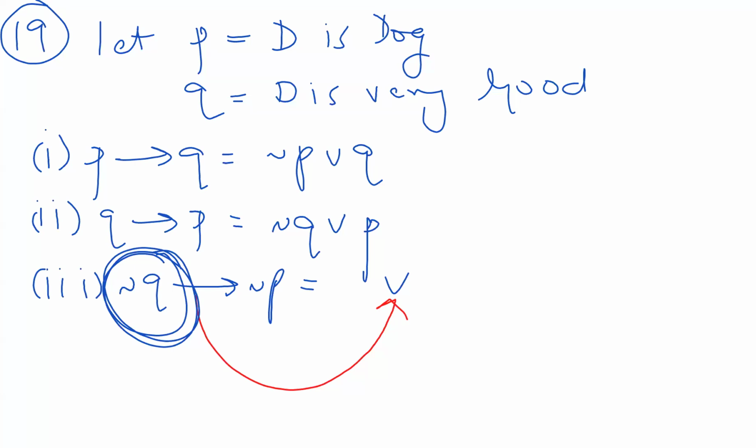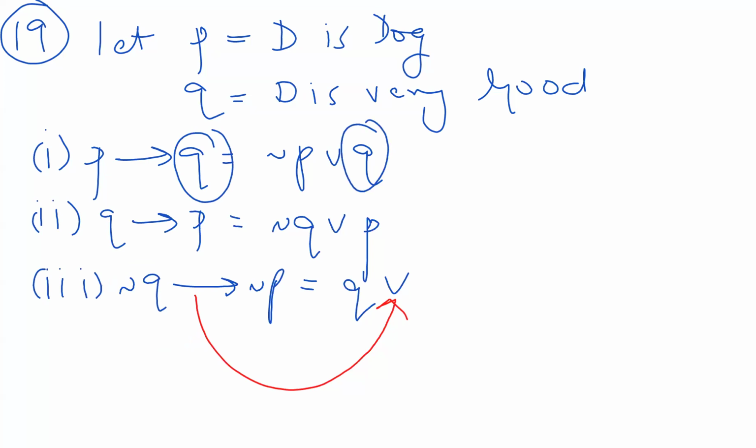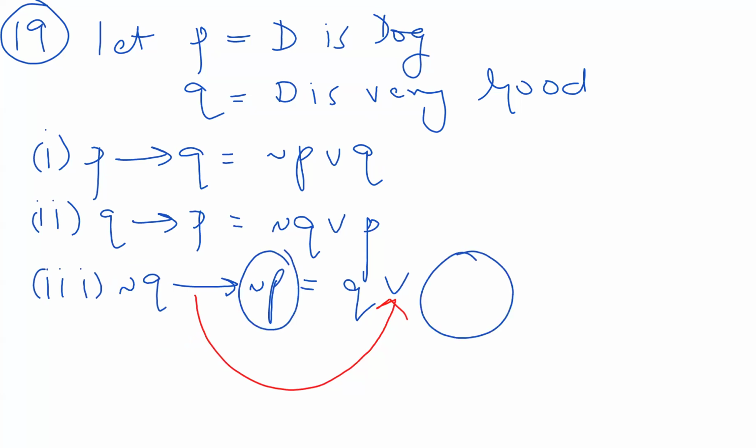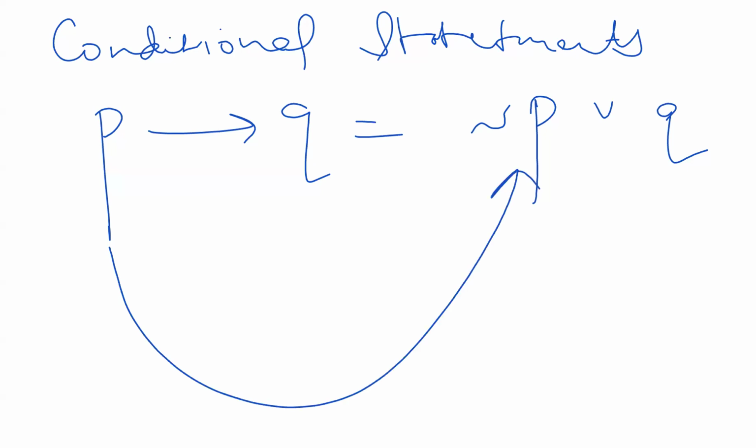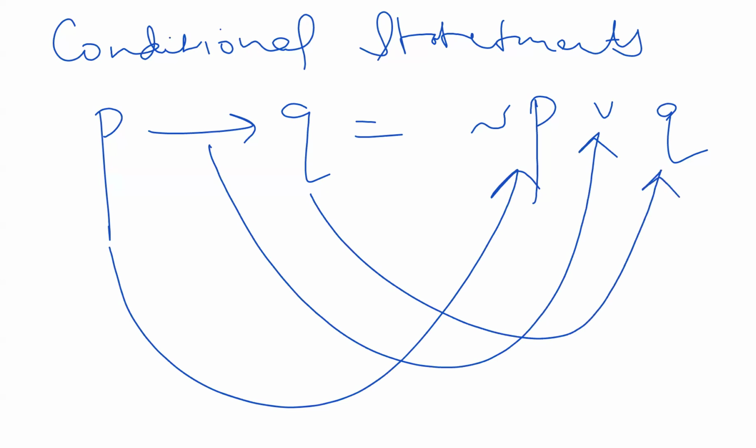Q. In the formula, the second statement is as it is. Same. So here second statement will be what? Negation Q. Negation P. Correct. In the formula, first statement gets a negation, implication becomes or, second statement as it is.